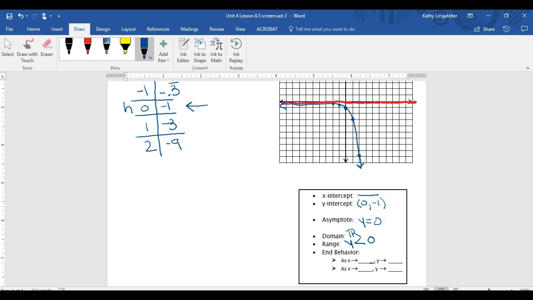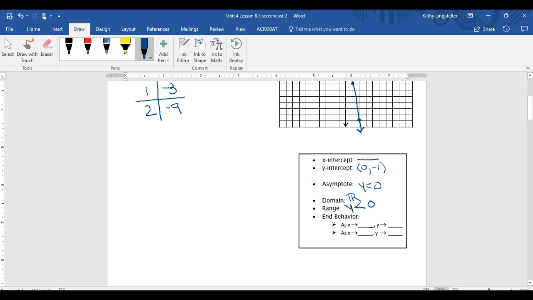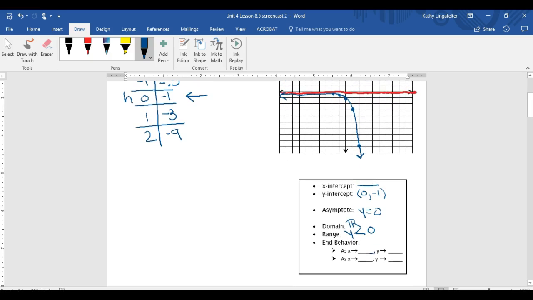For my end behavior, let me lift this up a little bit. Oh, I can't see the graph now. So for my end behavior, I'm always going to put positive infinity and negative infinity for the exponential function because it's going off to the right and it's going off to the left. There's no horizontal limitation, there's just vertical limitation.